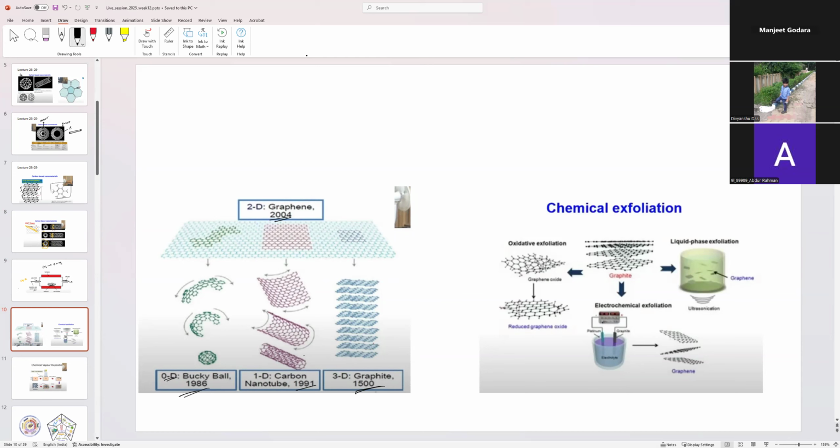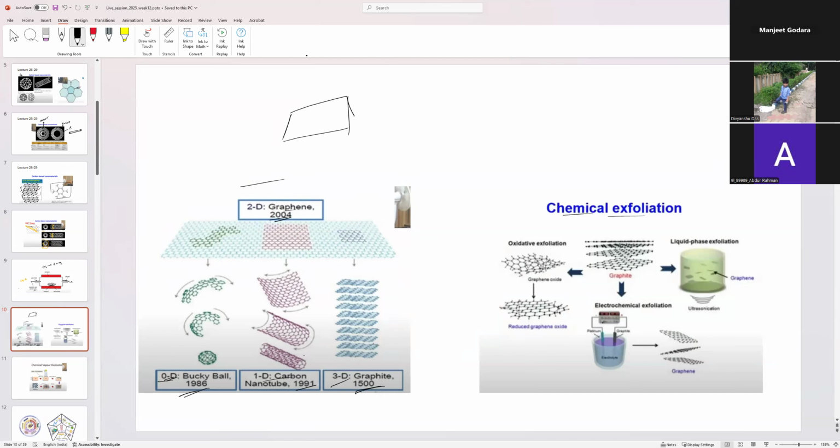And in 2004, we discovered graphene. So carbon allotropes can have any shape, any dimensionality: 0D, 1D, 2D, 3D. 2D was the most recent discovery.